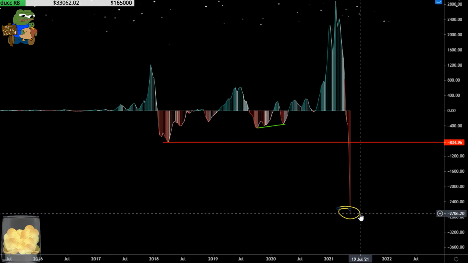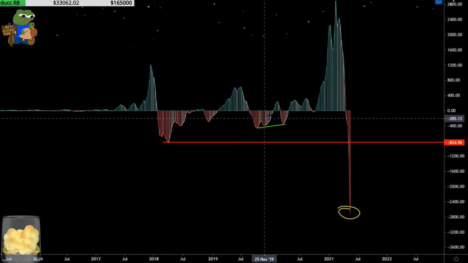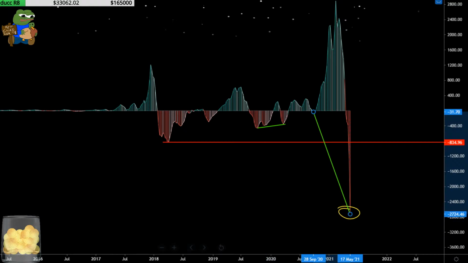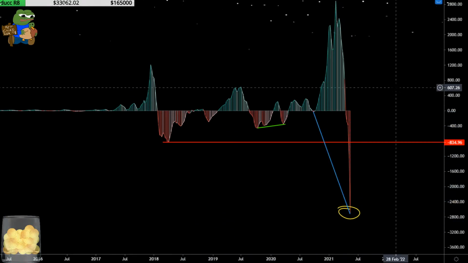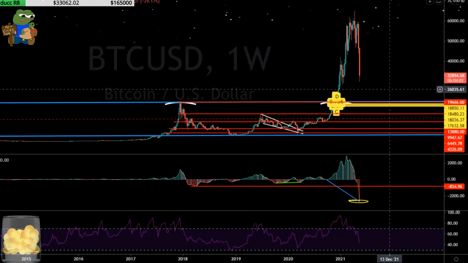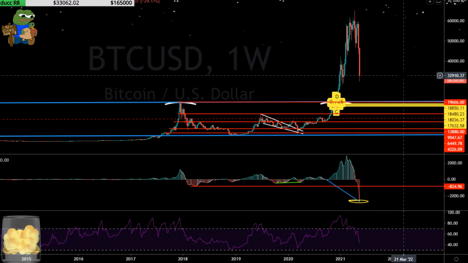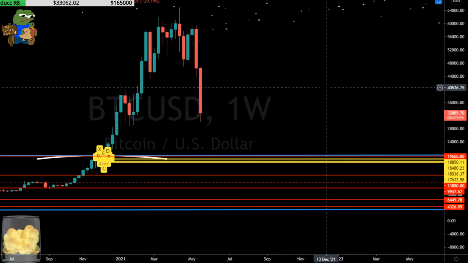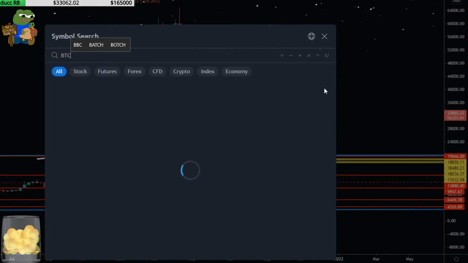Yeah, I mean, crazy. So, we come again from this point down to where we are. That is the weekly hidden bullish divergence occurring. Gosh, devastating.